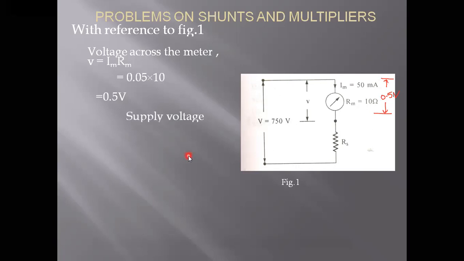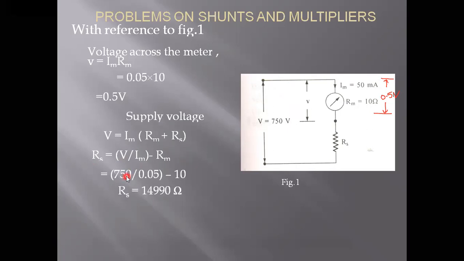Now the supply voltage is 750. So we know this formula, Rs is equal to V by Im minus Rm. So V is 750 by Im, 0.05 amperes, minus Rm, which is 10 ohms. Hence we get Rs equal to 14,990 ohms.